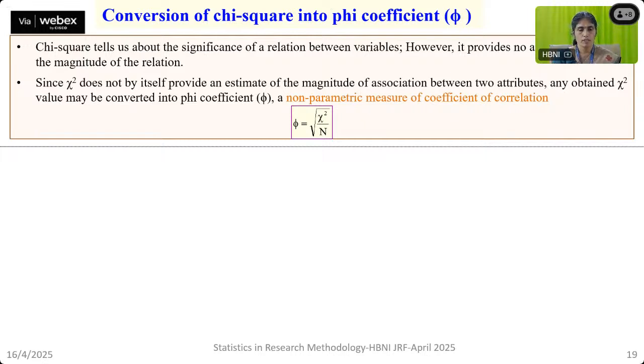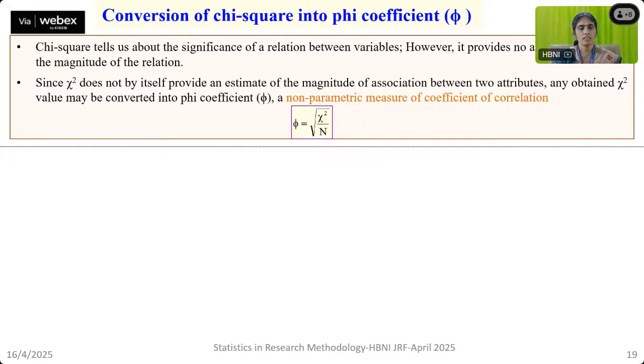As I told you in the previous slide, the chi-square value, even though it gives some graphical relationship between the two data sets being compared, it does not provide any idea regarding the magnitude of their relation. We only see visually.